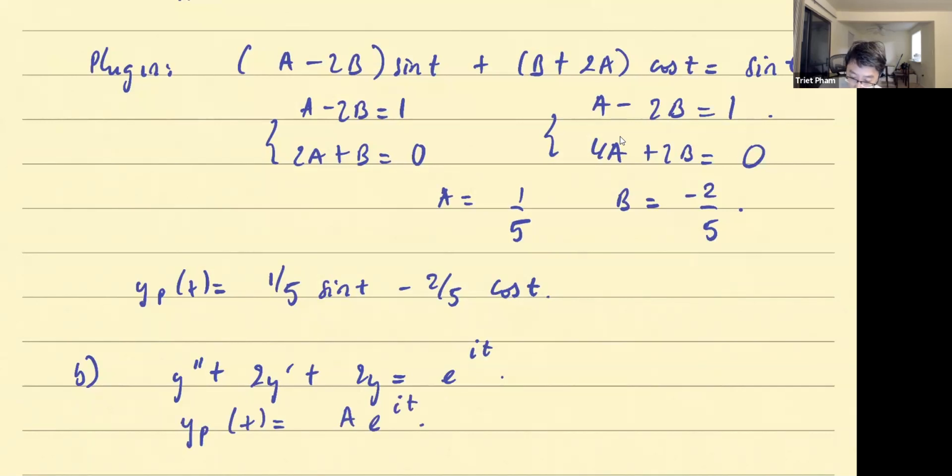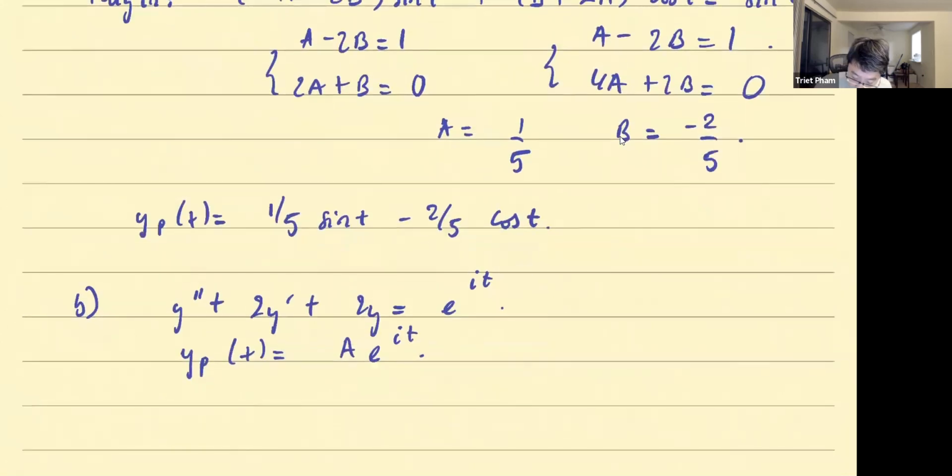This a may not have anything to do with the a above. It's just a different notation for a different approach. So now you plug in. Yp prime is i a e to the it. Yp double prime is minus a e to the it. Is that okay?